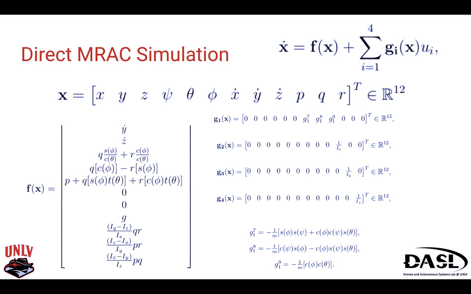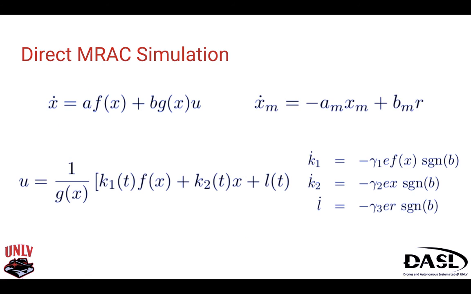And those are roll, pitch, yaw angular acceleration, so like torques. And then our update, we're going to create a model reference tracking x_m, and we're going to send in a u control for each state with adaptive parameters, 3 adaptive gains.